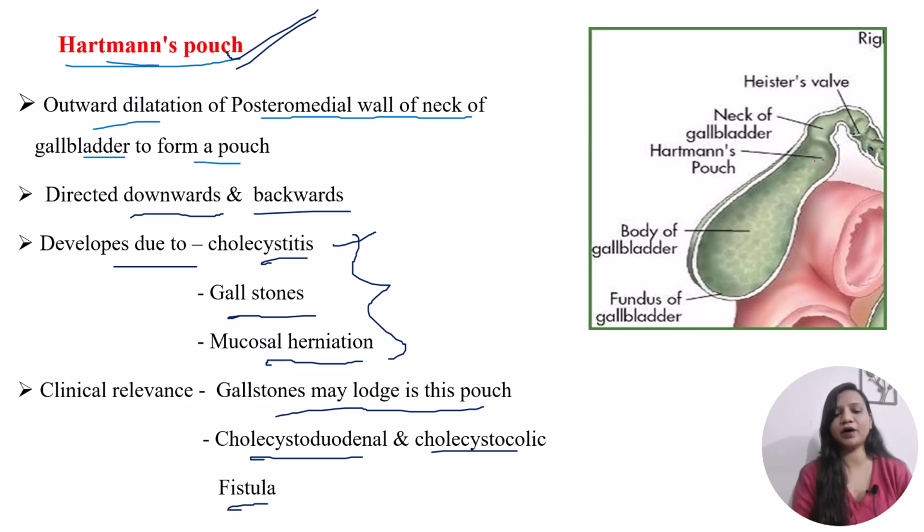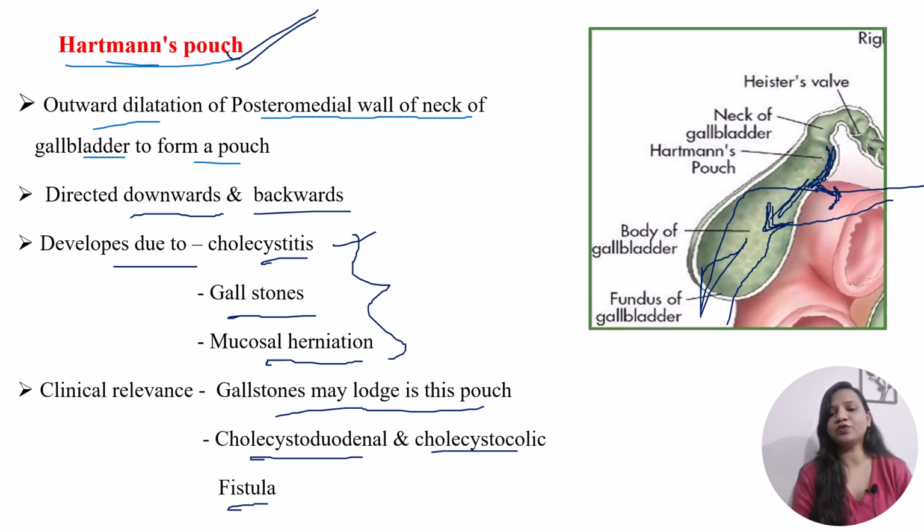As this pouch grows or herniates outward, it will fuse either with the duodenum, which is very closely related to this structure, or with the hepatic flexure of the colon, which is also located very close to this structure.